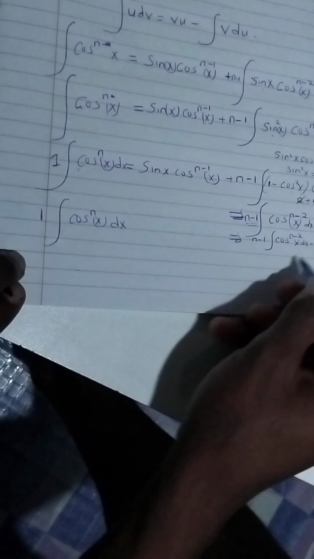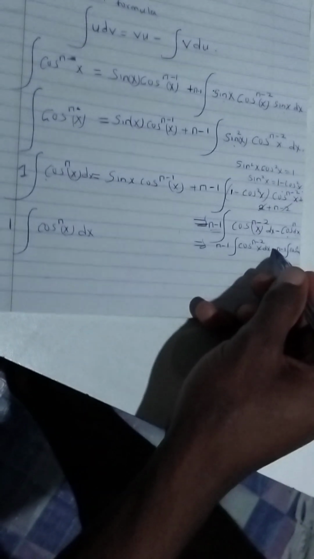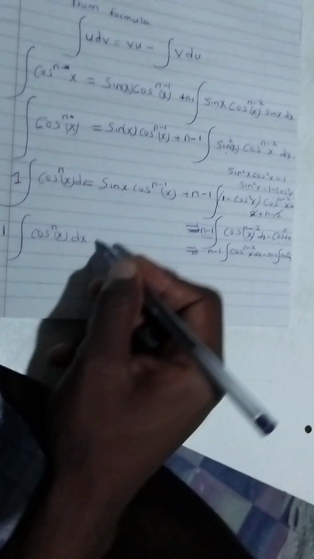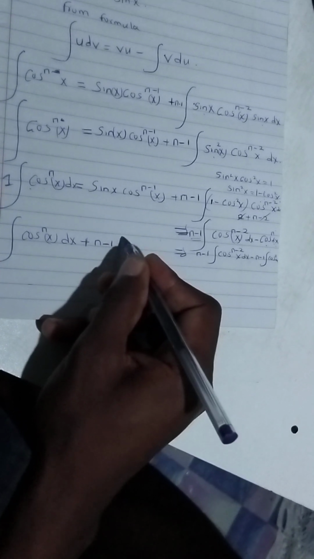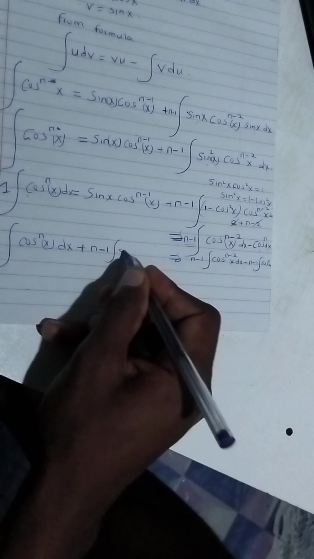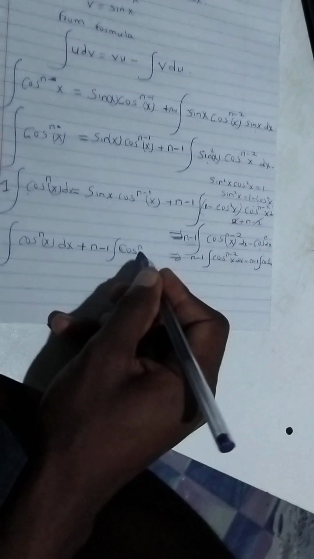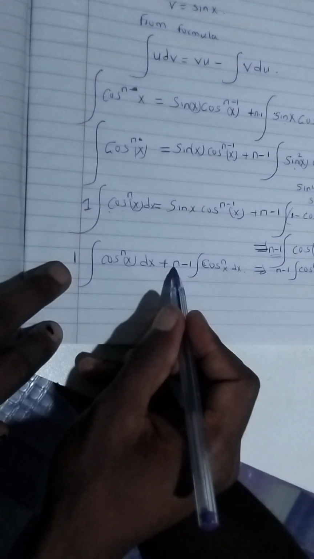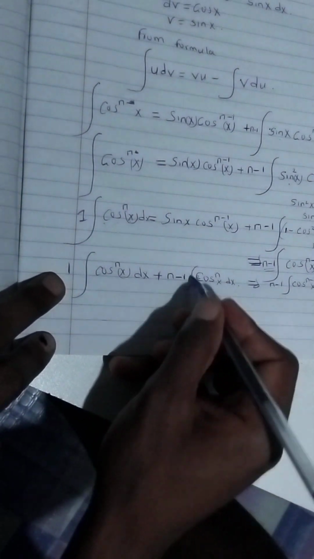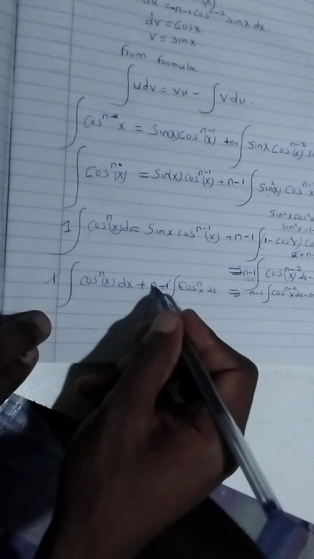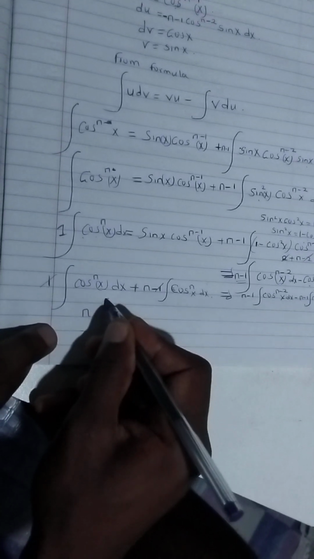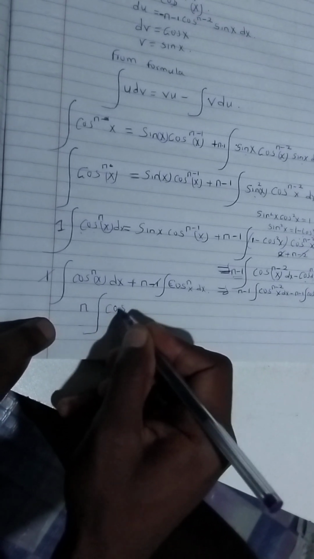From there, we can collect the like terms. This one will be positive. When it comes to this side, it will be positive (n-1) times the integral of cos^n x dx. Now 1 plus (n-1): the 1 and the minus 1 will go and give 0, and we shall remain with n. So it will be n times the integral of cos^n x dx.